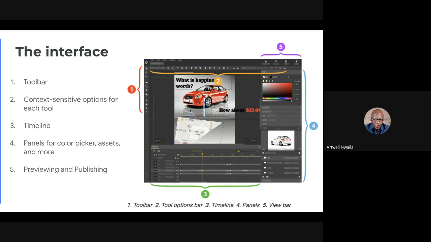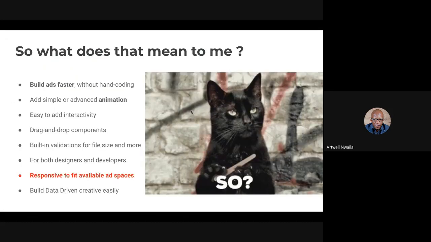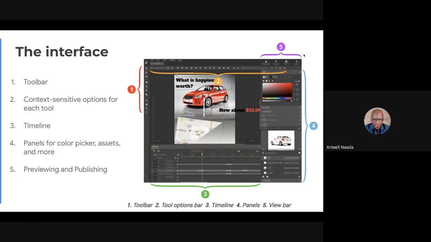This can all sit on the left and vice versa. And then number 5 here is where you are able to preview your work. You're able to jump into code view if you want to do some hard coding. If you want to stick in the design view, you can jump onto here, and it's also where you can publish. So the interface is divided into those 5 parts. Once you get a grasp of those 5 parts, it's really easy to then move on and create your assets.